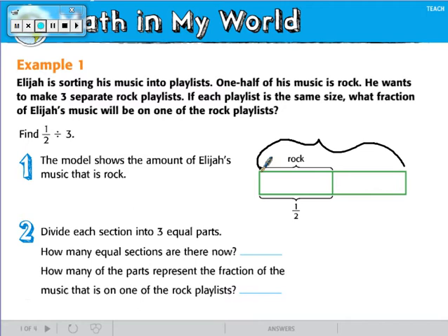No. What happened? This is 1/2. So the model represents 1 whole. So it represents his whole playlist. Okay? Now, how many playlists is he going to make out of his rock music? 3.